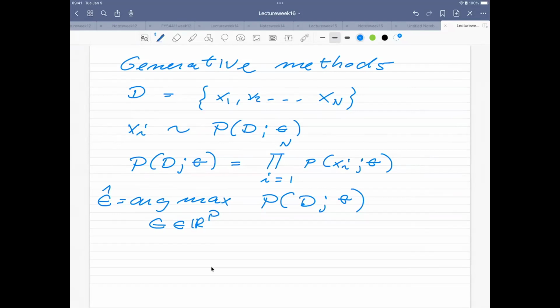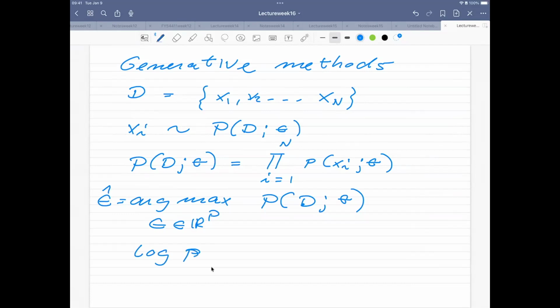So the equivalent problem is that you take the log of the probabilities, because then this changes into a sum. If I take the log of the probability and optimize that instead, we know that the log is a monotonic function. So if it's a positive one, this becomes a concave problem and a maximization problem. If we prefer the minimization problem, we can put a minus in front of it.